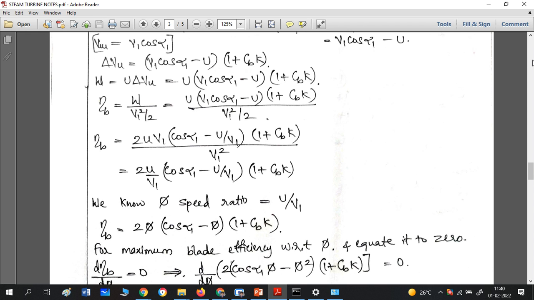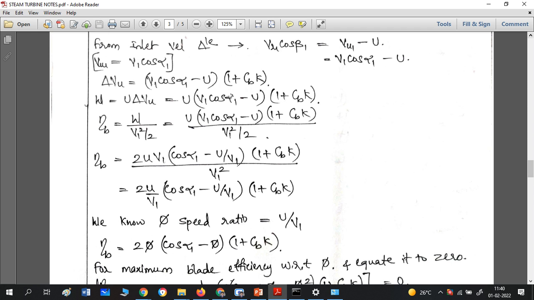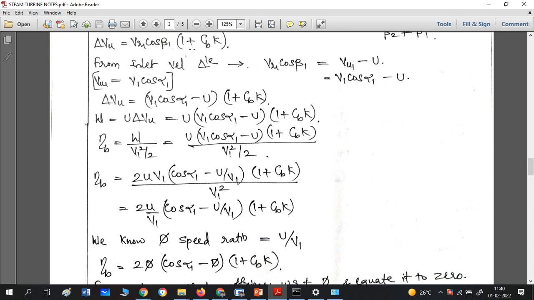So I write it as VR1 cos beta 1 as V1 cos alpha 1 minus U into bracket 1 plus CBK; CB into K remains as it is. Now, work done, we all know, is the velocity of the blade into the change in the work component, that is delta VU. So I have written it with the multiplication of U.